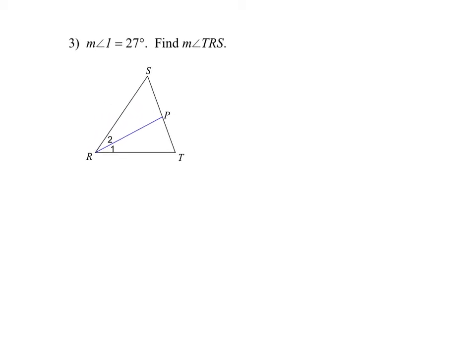Again, angle 1 is 27 degrees, angle 2 is also 27 degrees, and I want to find angle TRS. The measure of angle TRS equals 2 times 27, so it's 54 degrees.